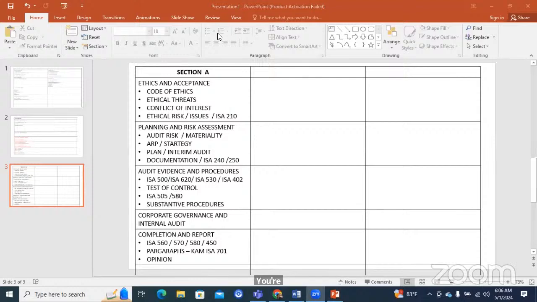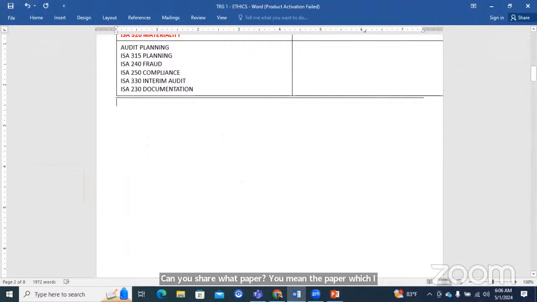Sir, is this paper in the exam kit, or can you share the sample paper as well? I didn't understand your question. What paper? You mean the paper which I shared here? This one.